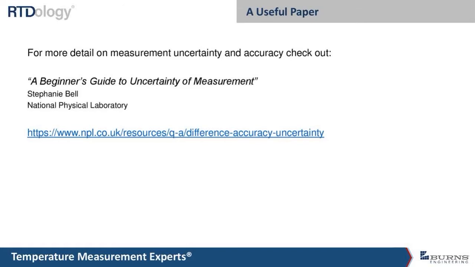It's very easy to understand. It's actually the best explanation I've ever seen on this topic, and I highly recommend it. You can just Google it and get the link, but it's a really good source for understanding what accuracy and uncertainty are. Really recommend that.